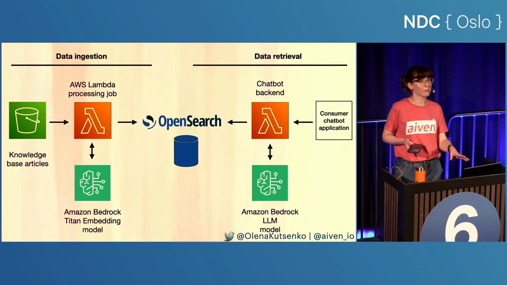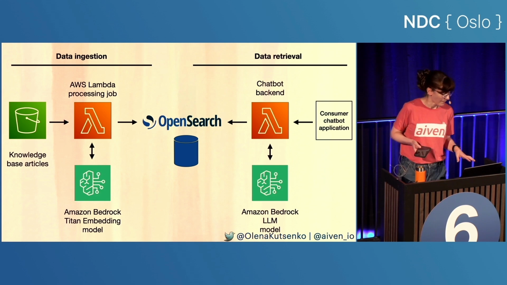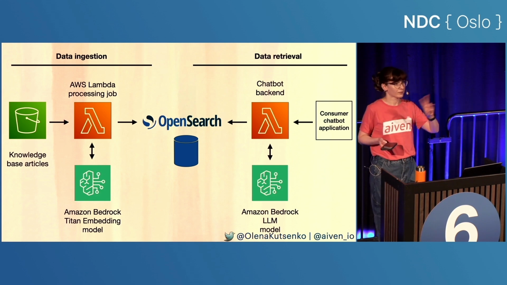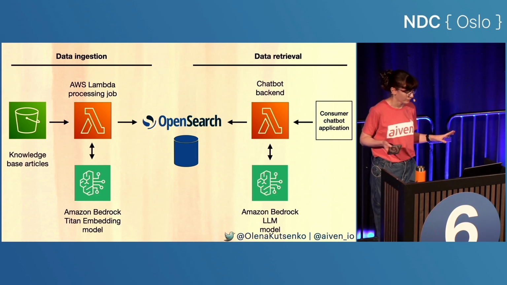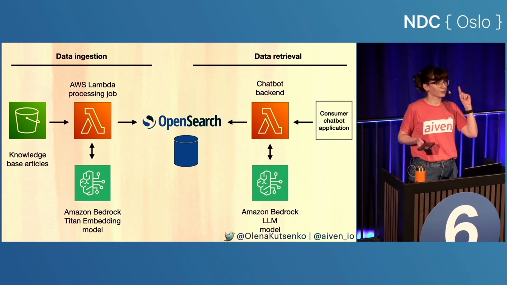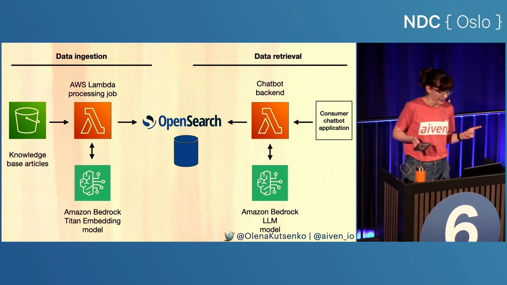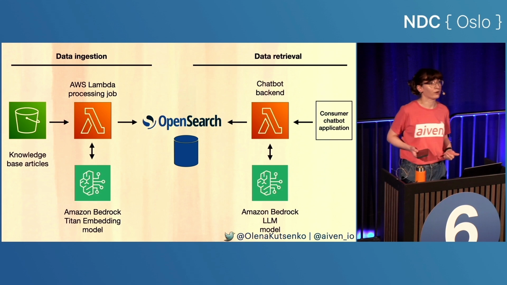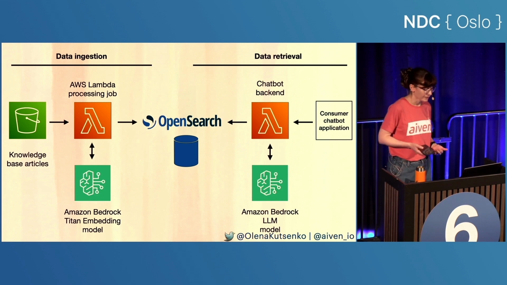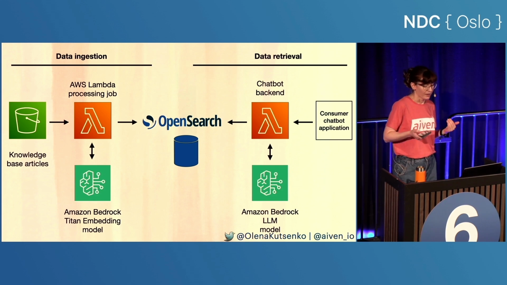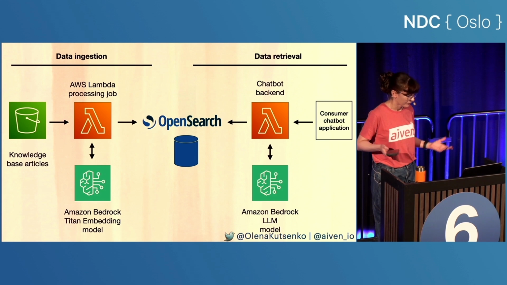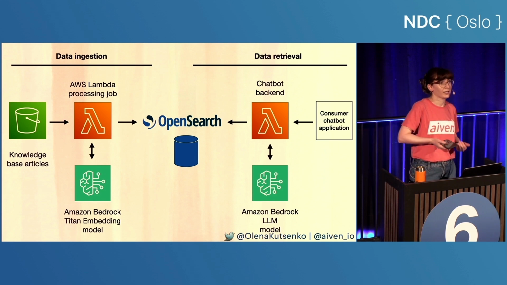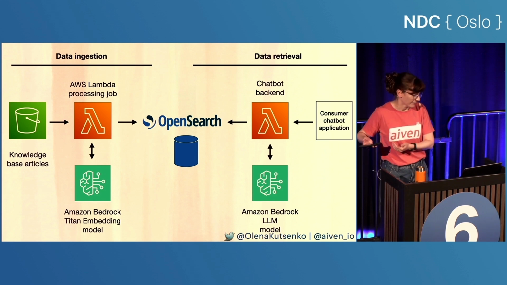This particular example uses AWS, and we can split it into 2 parts, similarly to how we did before. The first part is the data ingestion. This is where we generate those embeddings from the existing data source or some kind of data corpus, and we store the data in the database.